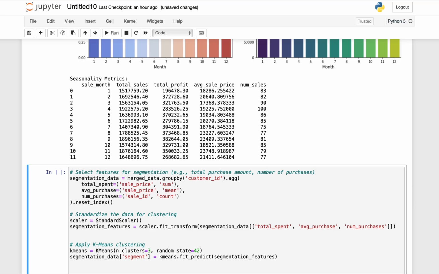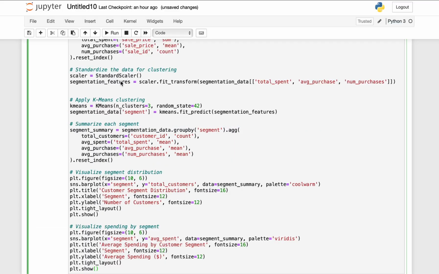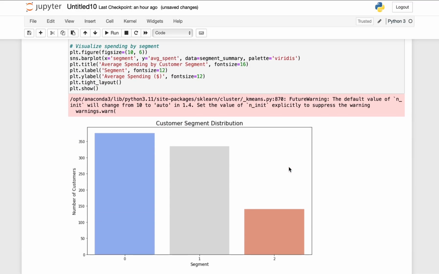And let's summarize each segment. And we need to visualize the segment distribution and also visualize spending by segment. So let's come down here. Let's run this.